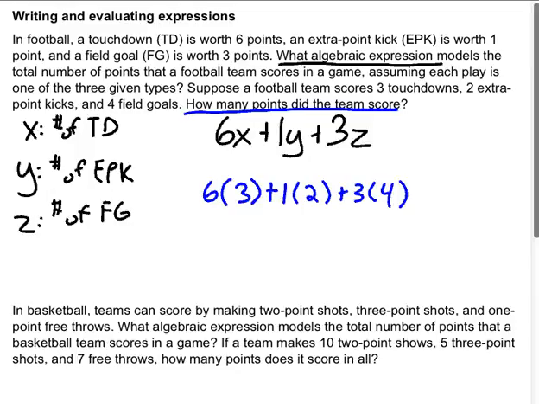Well, I don't see any exponents I have to take care of, so I'm going to jump straight to the multiplying. So I have 18 plus 2 plus 12. 18 plus 2 is 20, plus 12 is 32. So this team will have scored 32 points during this game.